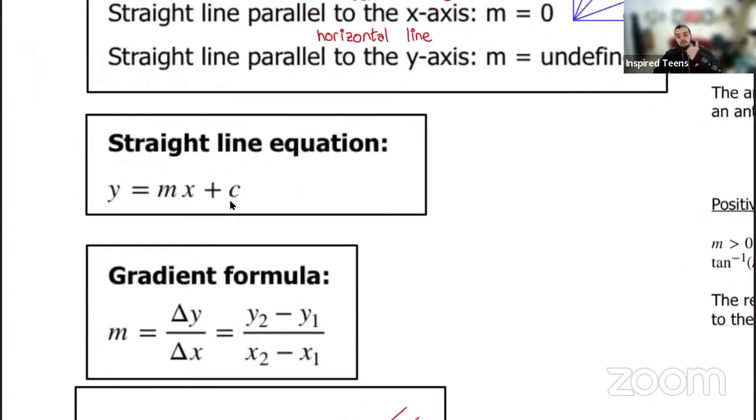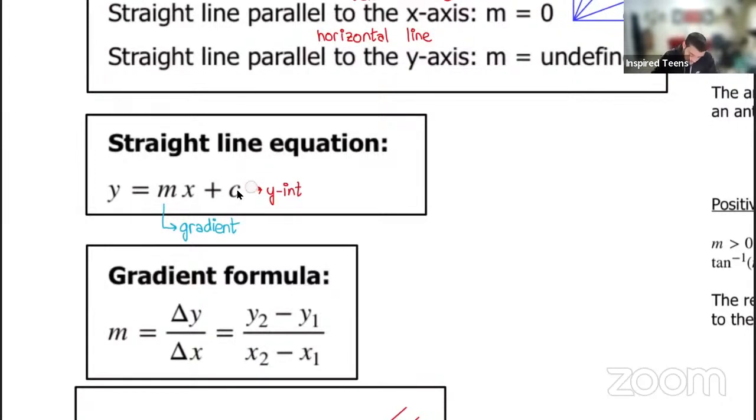Straight line equation, y is equal to mx plus c. That's amazing. We love that. Okay, where m is what? M is gradient. Okay, and what is c? So we should know m is gradient. And what is c? C is actually the y-intercept.